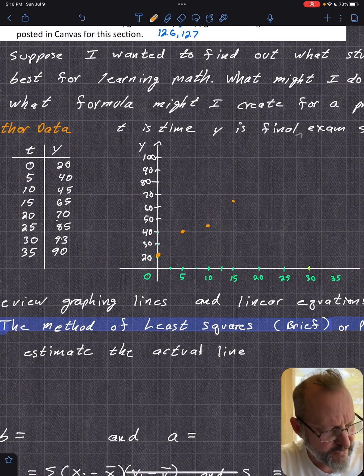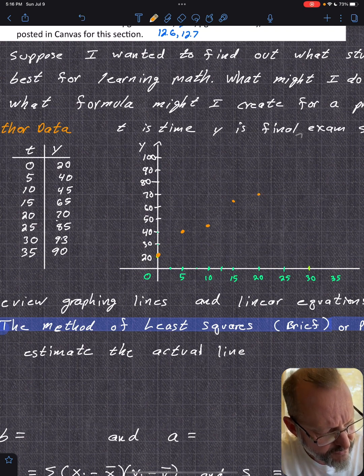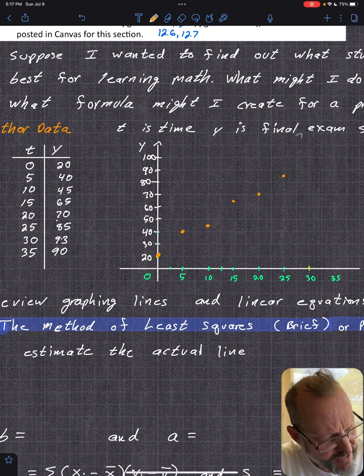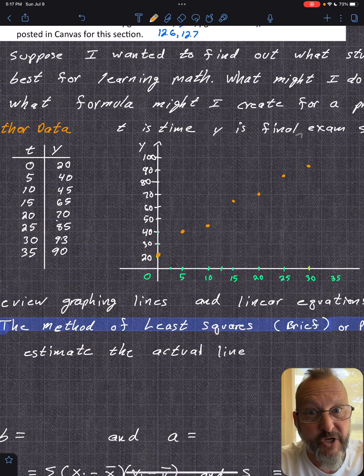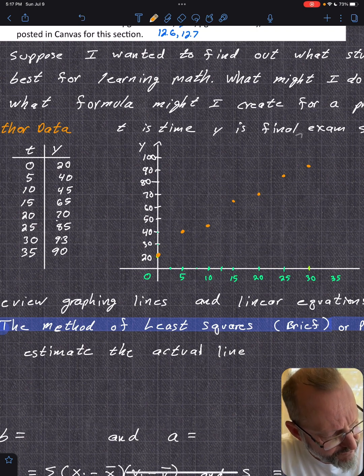You see if it lines up in a linear fashion. 20 was 70. 25 is 85. 30 was 93. Just kind of guess, just draw a big dot. It's good enough. 35 was 90, so that actually dipped down.